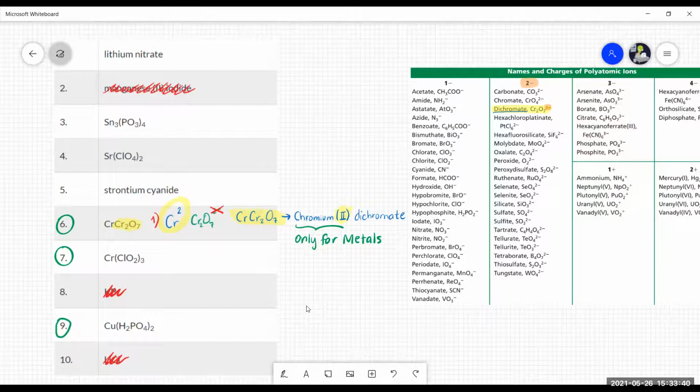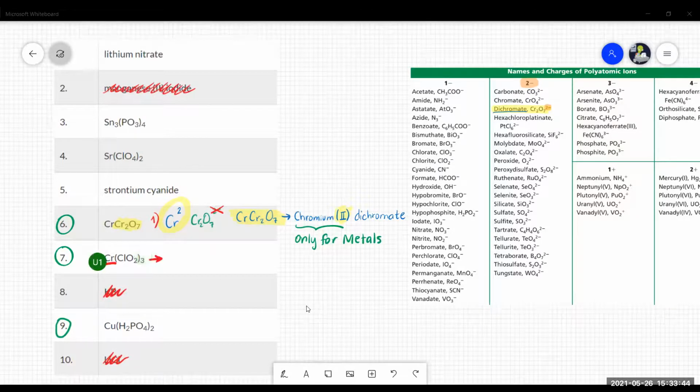Now, the number 7 is also interesting because it's chromium, and chromium is polyatomic ion. Now, this one is a little bit easier than the one before. The reason is because of this charge right here. Remember that when you combine a compound, you exchange the charges.